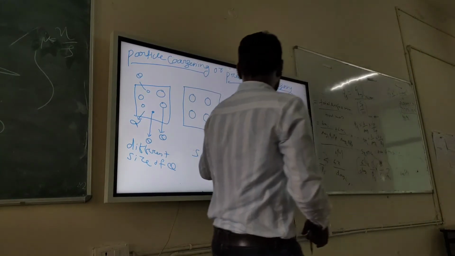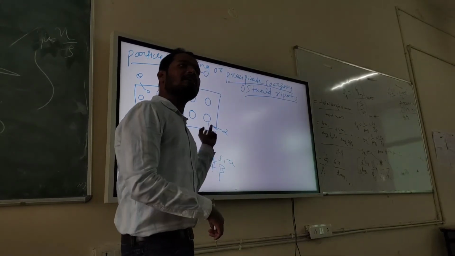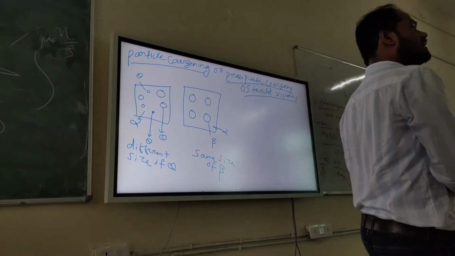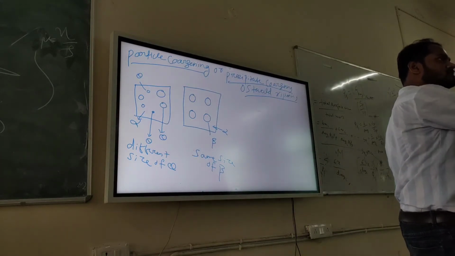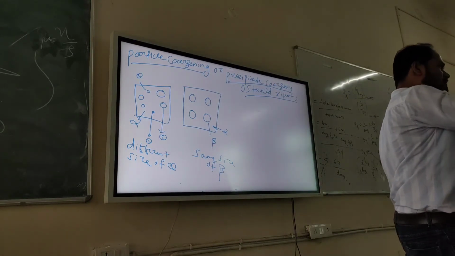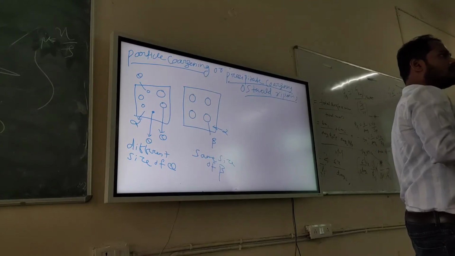But here the situation is all particles are of the same size, so precipitation partitioning will not happen. All are the same size, okay? And if something is growing, it means some atoms are joining that particular phase, right?